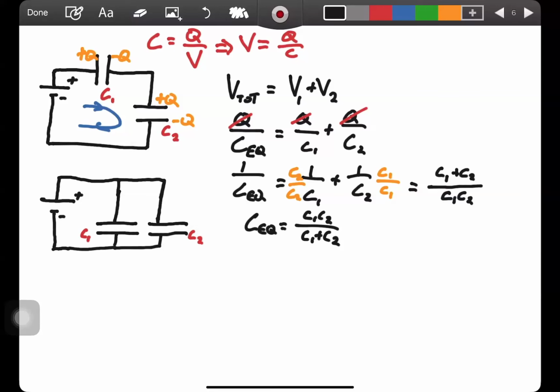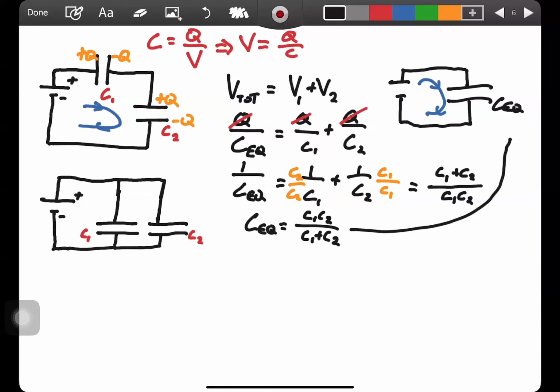So I could rewrite my circuit as just a single equivalent capacitance. The charge is flowing like this, and I've got some equivalent capacitance, and that equivalent capacitance for capacitors in series is given by the formula at the end of the arrow that I just drew.